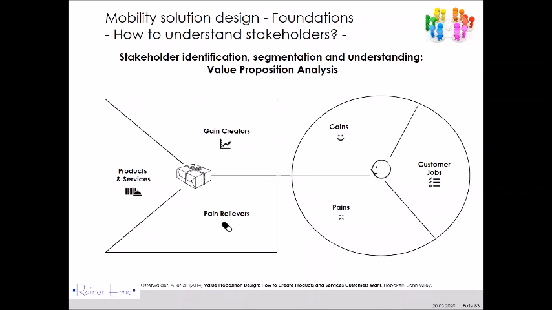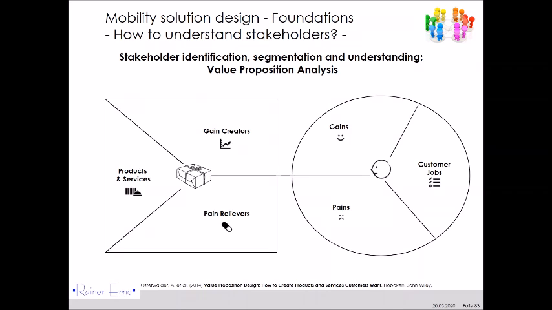And according to the perceived gains and pains of the commuter, you can create a mobility solution, meaning products and services, which contain gain creators, so address all the things which a commuter feels as being a benefit of using his own car, for example. And you can also address pain relievers. So this is another method of documenting what you have found out in your stakeholder research.